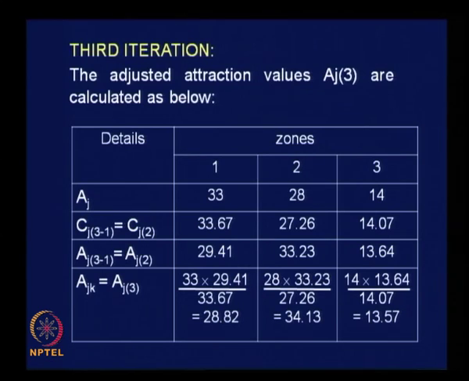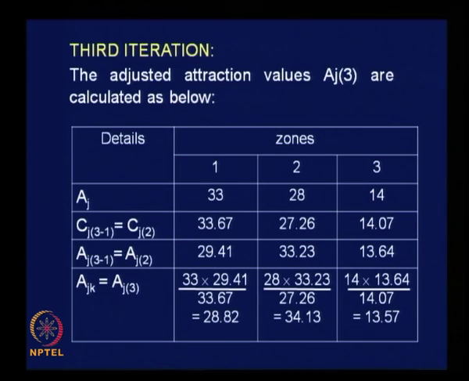Now we can see interestingly the value of A1 that we got at the end of second iteration was 29.41, right. The value given as input for second iteration was 33.67 and the desired value is 33. So when you do this adjustment we end up with 28.82. We are going to give an input which is much less than the desired value, right, and we will check whether we are able to come closer to the desired value of 33, right.